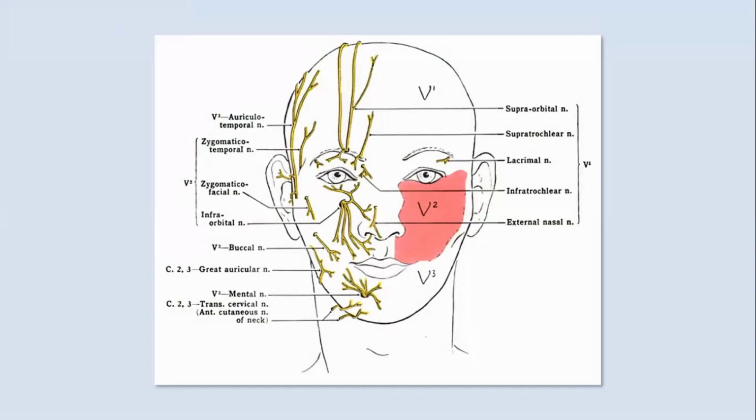The infraorbital nerve is a branch from the maxillary nerve. So remember, it's not from the ophthalmic nerve, it's from the maxillary nerve. And you have to be aware of the areas supplied by the infraorbital nerve, which are, answer it, cheek, lower eyelid, and the upper lid. Exactly. And side of nose.